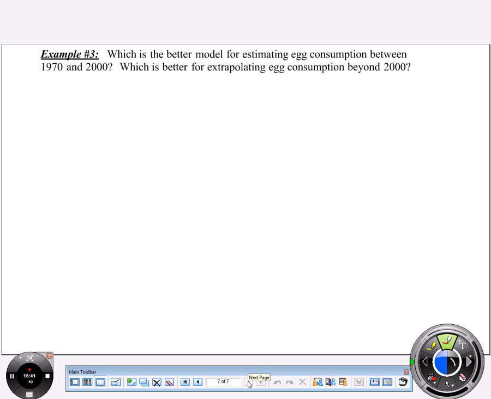So, do you guys think we'll grow faster or slower in our egg consumption? Was the line going downward or upward with its slope? Up or down? Down. So did it cross the x-axis? So eventually they're saying there would be no egg consumption or negative egg consumption, which doesn't make sense. So that kind of eliminates the linear part of it, right? Because it doesn't make sense.